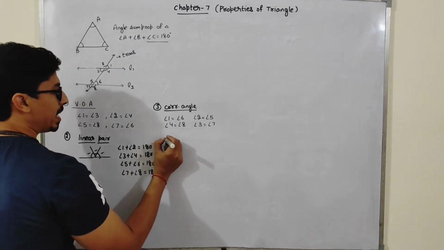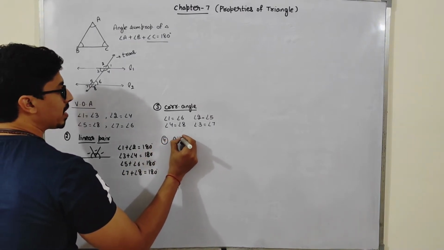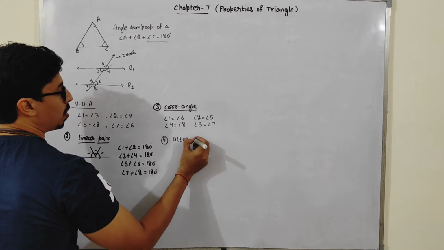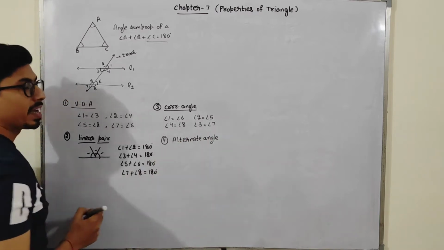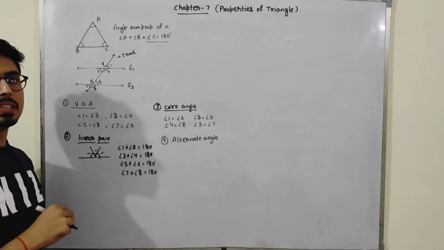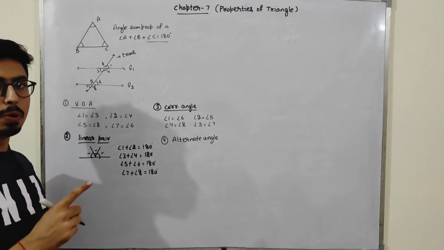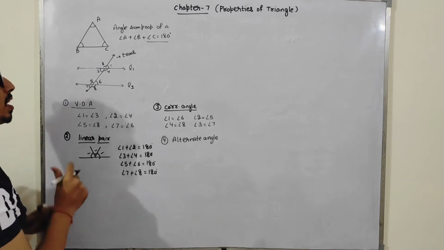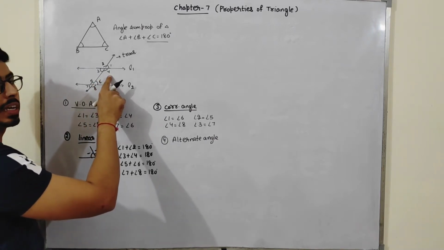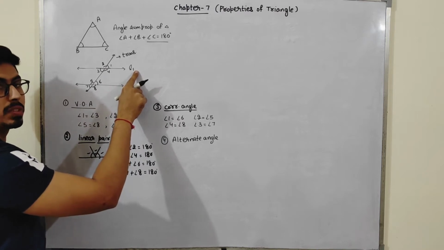Now the fourth one, alternate angles, students. If I take the angles that are on opposite sides, but with the two different parallel lines. See, if I take angle 4, it is with line L1.